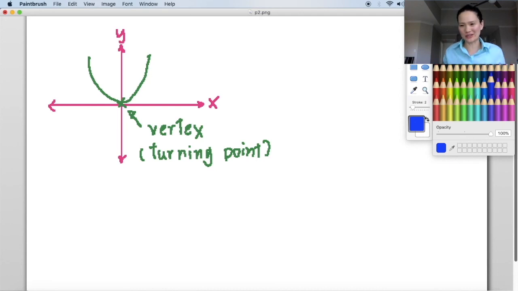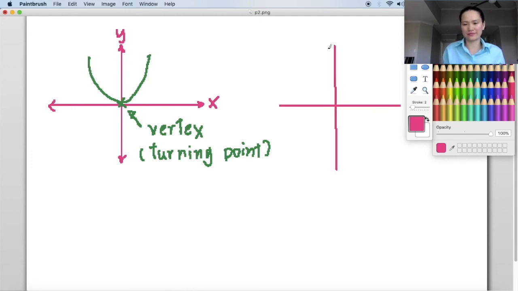I'll show you in another picture here. Let's see from here, y and x. How about if your graph has its vertex somewhere else?